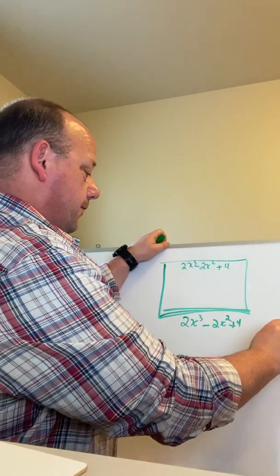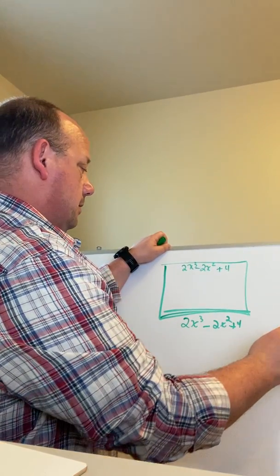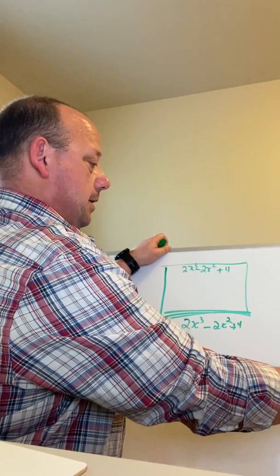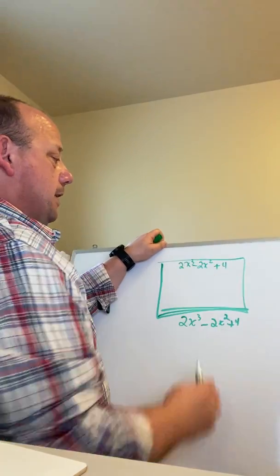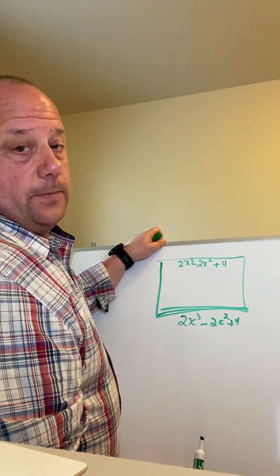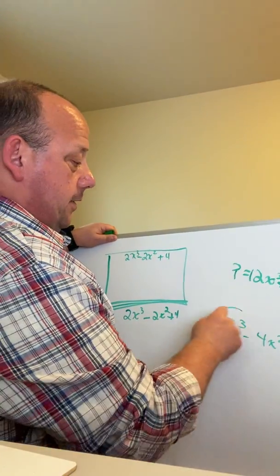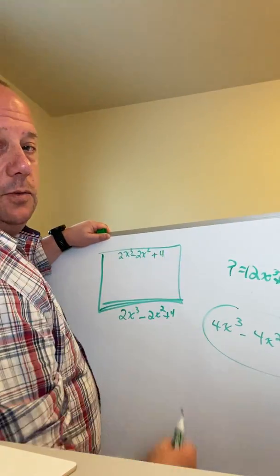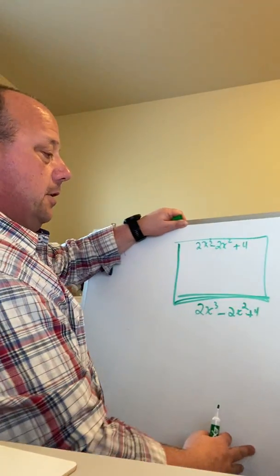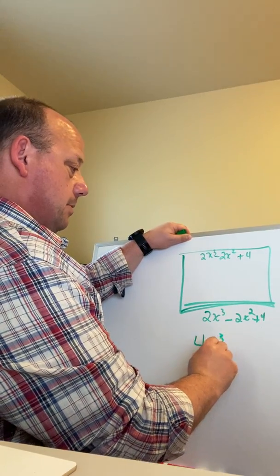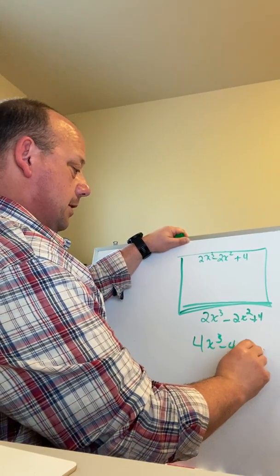That makes 4x to the third minus 4x to the second plus 8. We know that these two remaining are there. So when we do this problem, these are the two lengths added together. So combined, they are 4x to the third minus 4x squared plus 8.